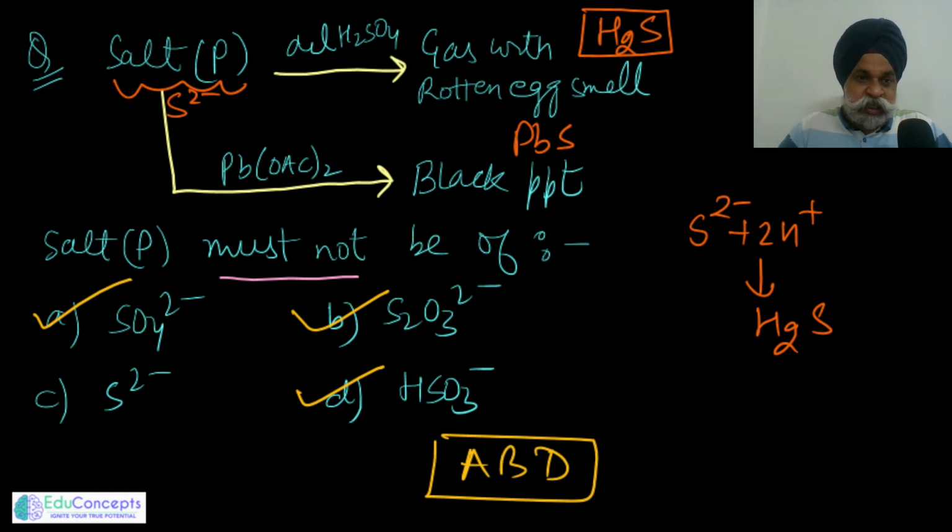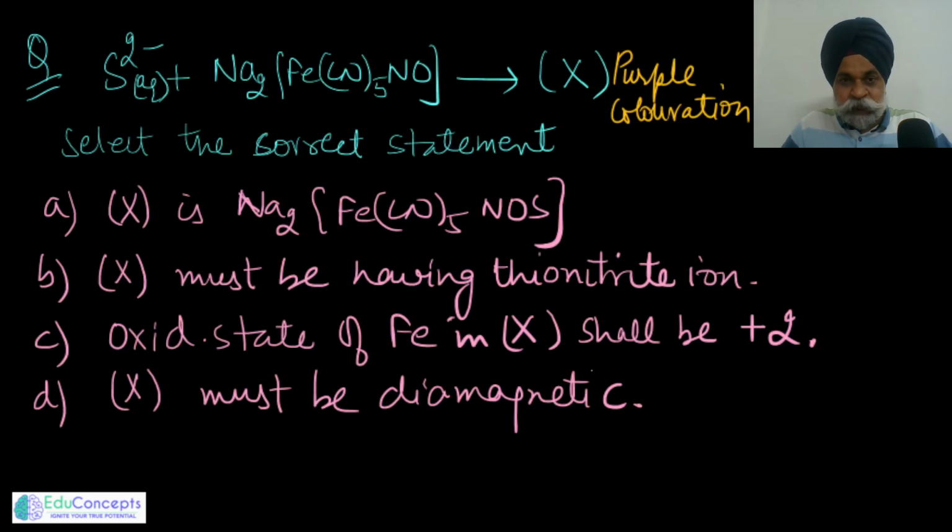Moving ahead, the next problem came from the topic of sulfide ion detection. You might have read this particular test is the sodium nitroprusside test. This species is called sodium nitroprusside, which on reaction with sulfide ion gives you purple color. What they are asking is a simple question, not a difficult one, but we have to select carefully. Reaction 1 produces this.